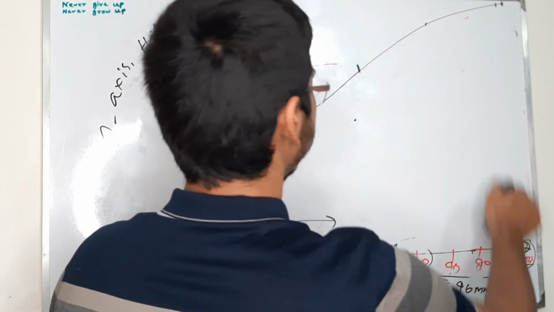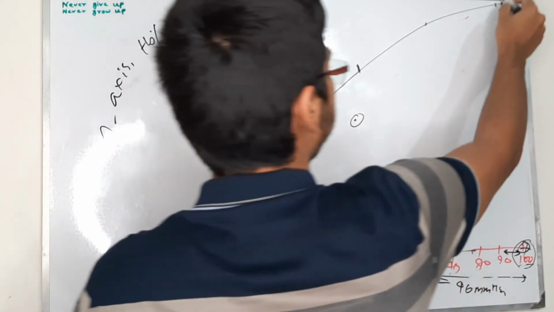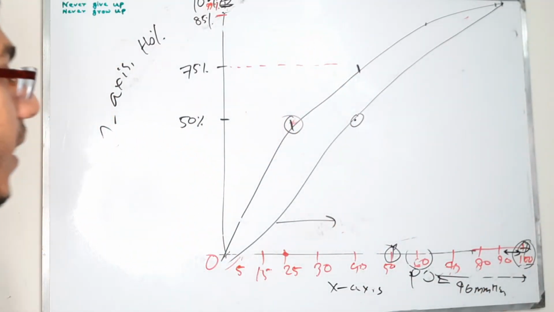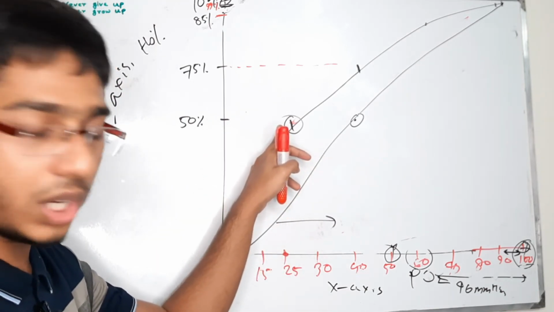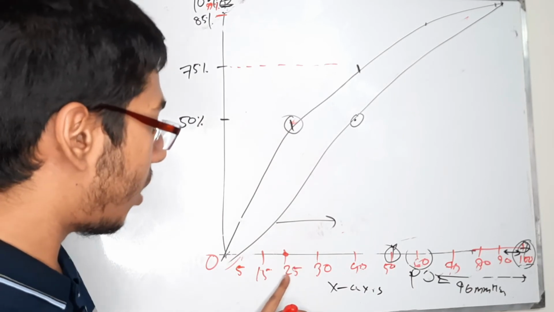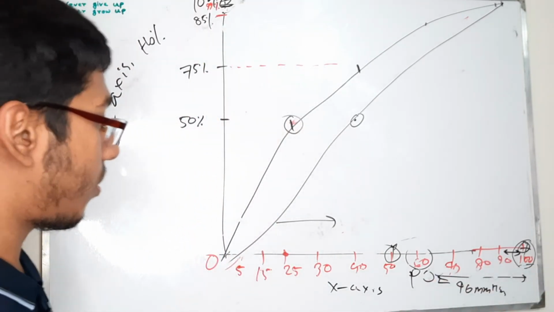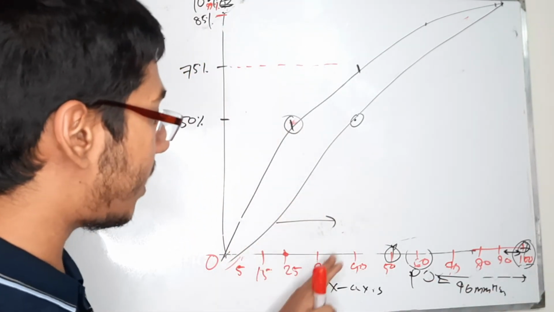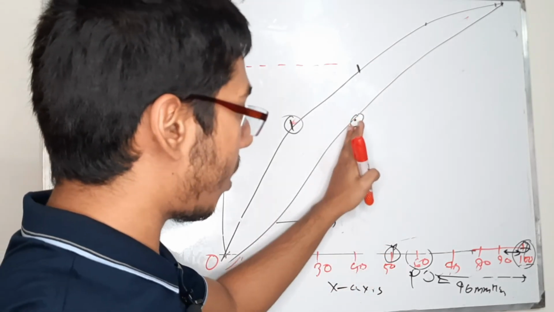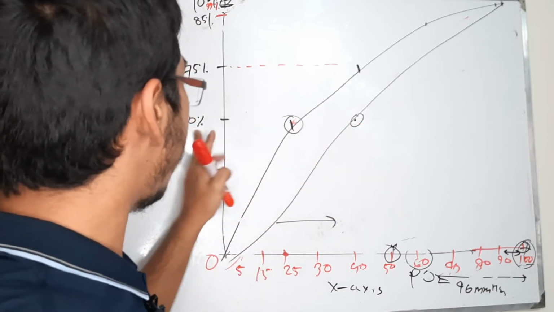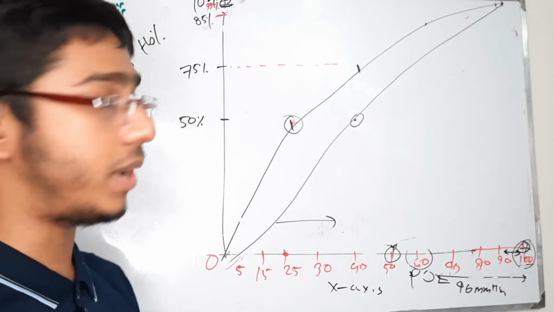Now, when the curve moves to the right, we reduce the pressure only to 40 millimeters of mercury, and at 40 we have successfully reached 50% desaturation, because it is a strong dissociator at the moment.